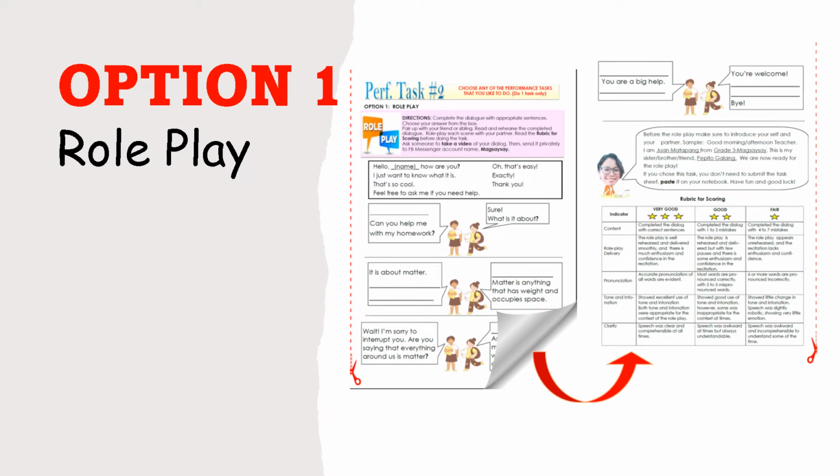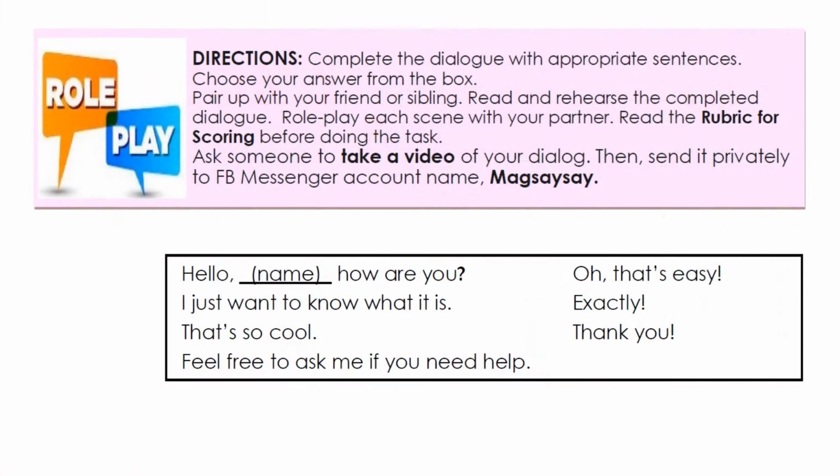Let's talk about option number 1, the role play. You can see on the upper portion of your task sheet the directions. Let's read the directions for the role play. First, complete the dialogue with appropriate sentences. Choose your answer from the box.